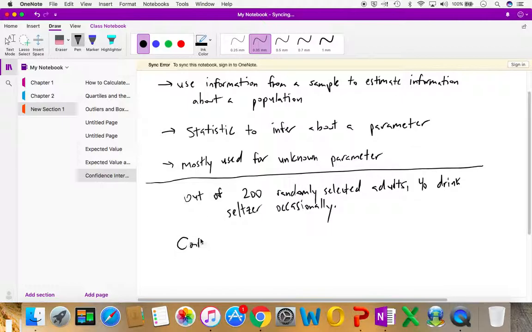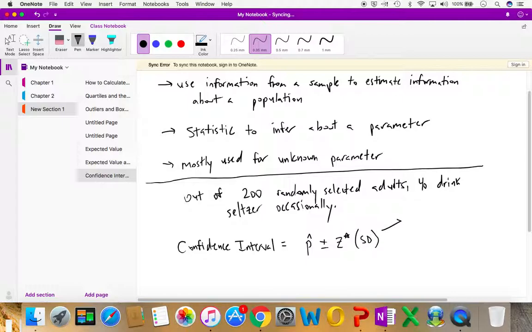Okay, and the confidence interval equation, my pen's being a little goofy here. Let me rewrite that. The confidence interval is equal to p hat, or the sample proportion, plus or minus z star here, and I'm going to explain what that means in a minute, multiplied by the standard deviation.